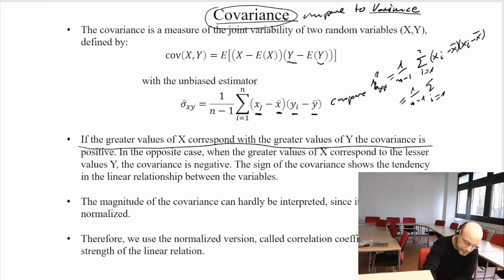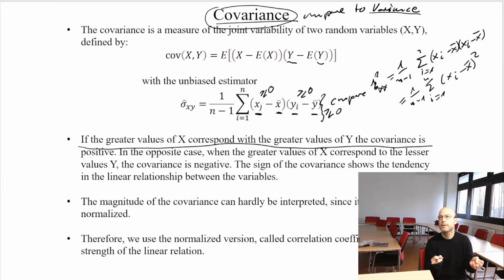Well, if we take the variance, then we can write this as xi minus x bar squared, but these two numbers here can be greater or less than 0, and the sign, if this is positive or negative overall, we can interpret in the way that if this number is negative, then we will have the tendency of the dependence between these two variables that if x increases, then y is decreasing.